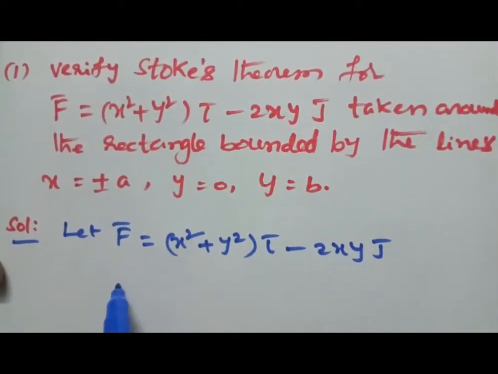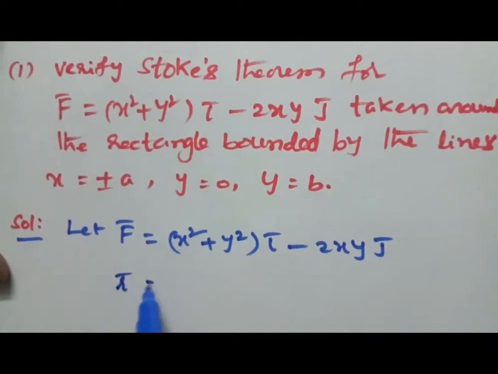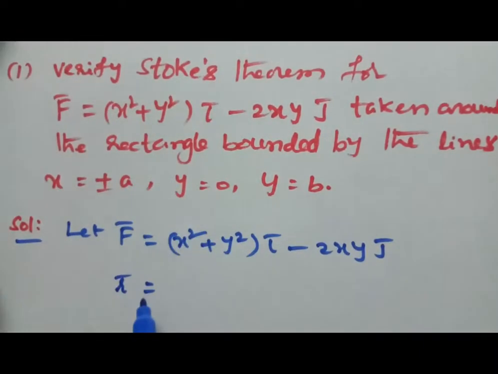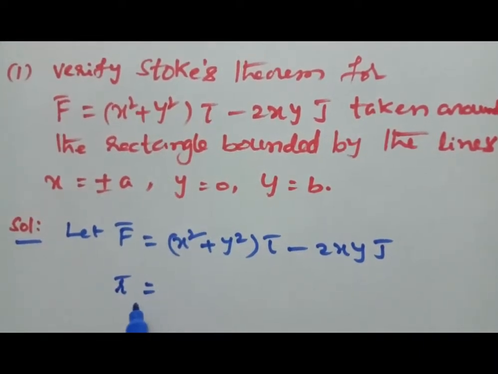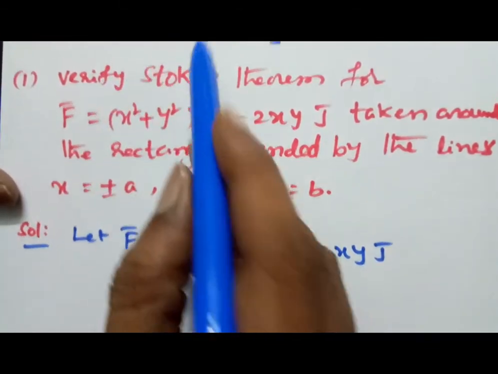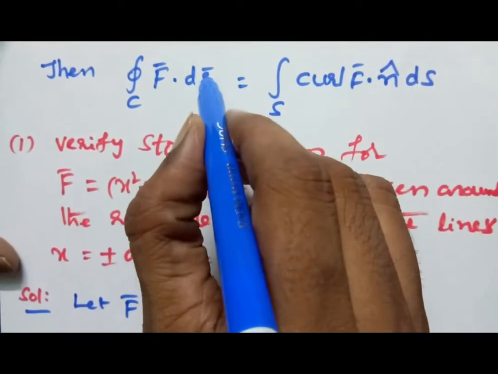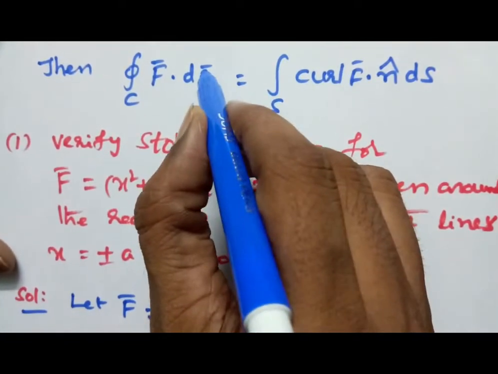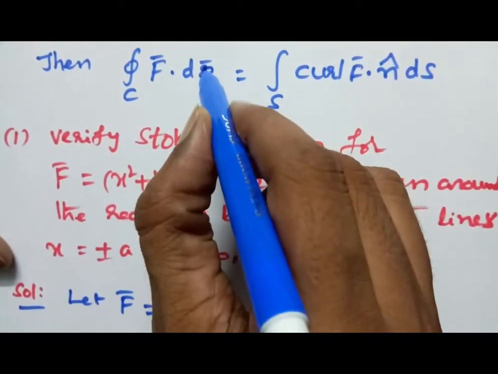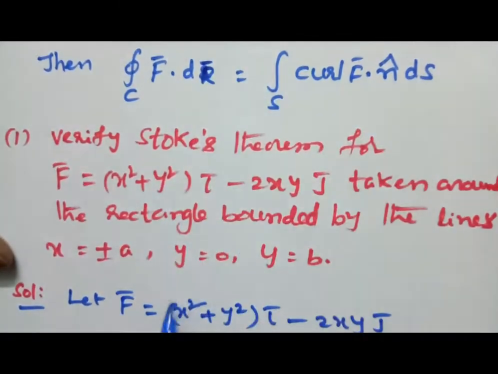R bar is equal to, in some of the textbooks, capital R bar can be used or small r be used. In the line integration we used capital R bar. So here also you can use capital R bar for the common procedure.